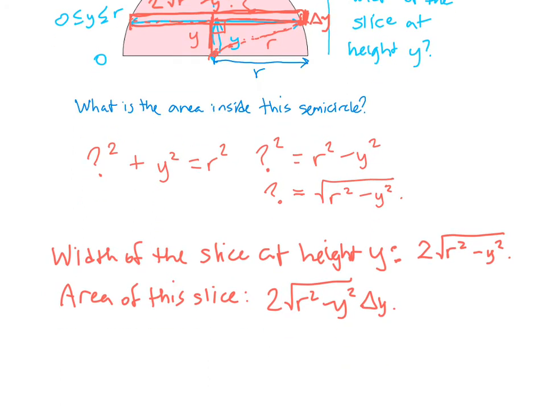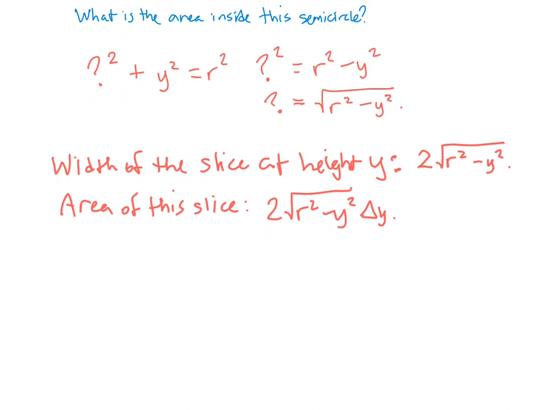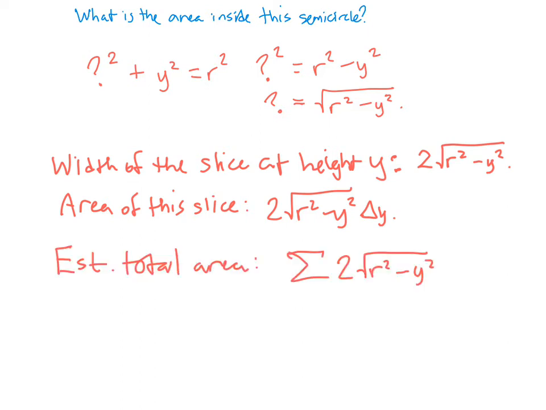And then an estimate for the area of that semicircle, the estimated total area, is going to be the sum over some number of slices. I'm not going to mess too much with that part. I'm just going to show this part of 2 square root of r squared minus y squared. And of course, keep in mind that r squared is a constant throughout this entire process.